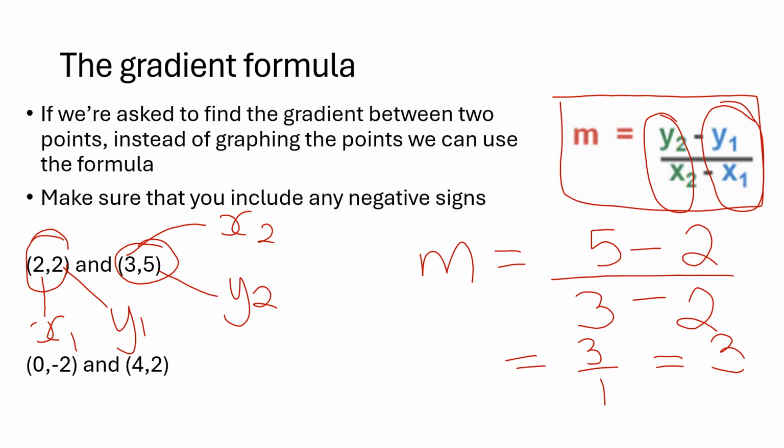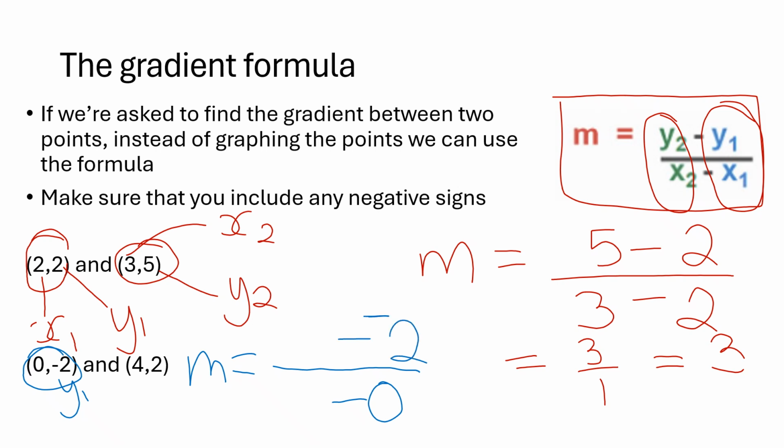So for this example here, m equals, x1 is 0. y1 here is negative 2. Now because we've got a negative and a negative, that's going to end up being a positive.